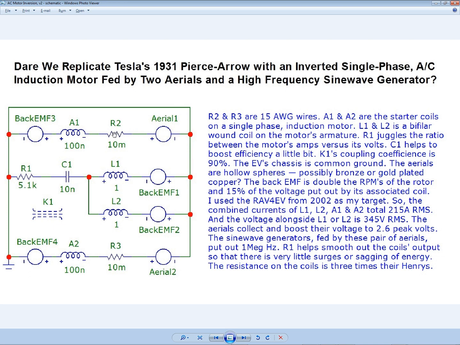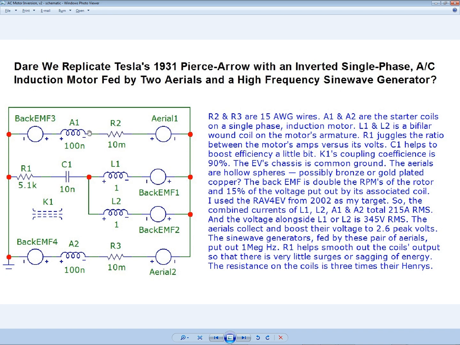Well, if you use a wire size with a gauge number bigger than 15, exhibiting greater resistance than 10 milliohms, I assumed here a yard at the most, 3 feet of wire between the sine wave generator and the starter coil on the motor.